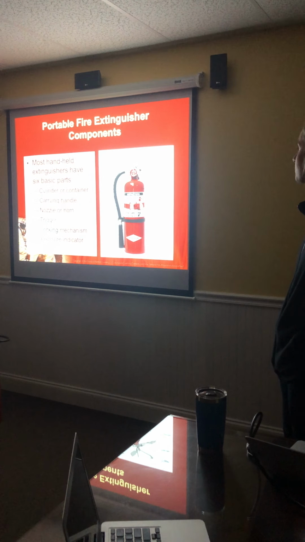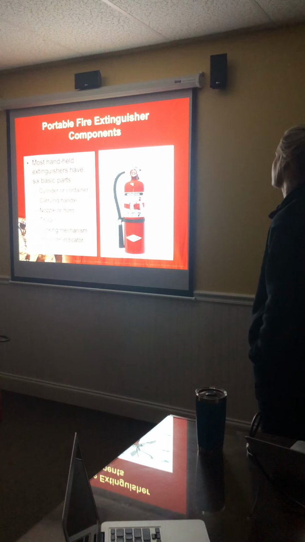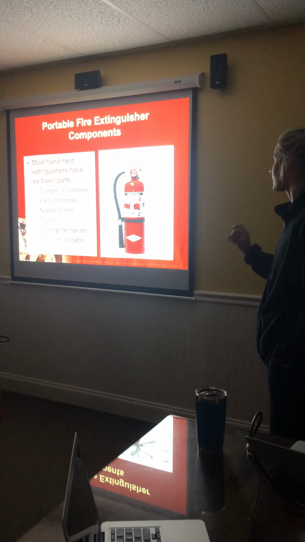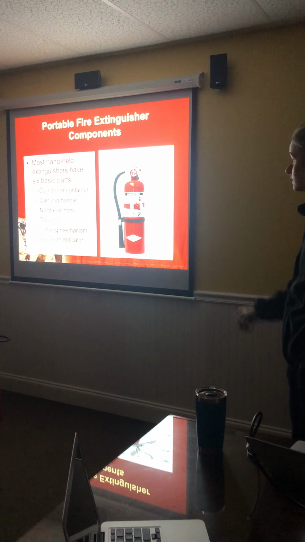Portable fire extinguisher components. As you can see here, there are pretty much 6 basic components of a fire extinguisher. You've got the cylinder, the nozzle, the trigger, the handle, the pressure indicator, and the locking mechanism.